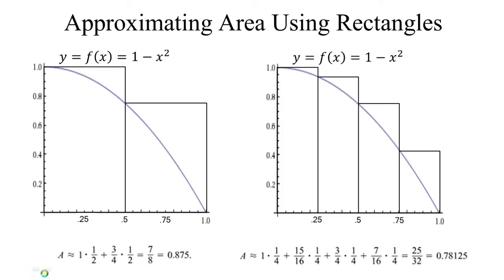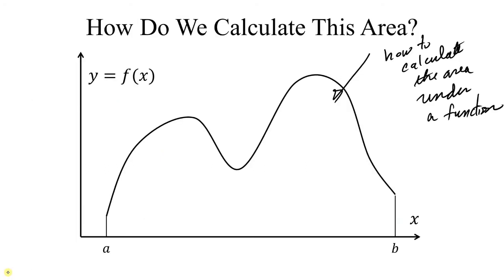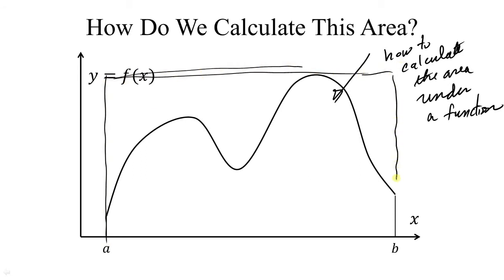Now, one of the first things we might think of is to approximate the area using rectangles. In fact, if we went back to this original function, we could obviously estimate with one rectangle that would enclose the entire figure between A and B, and that would be an overestimation of the area.